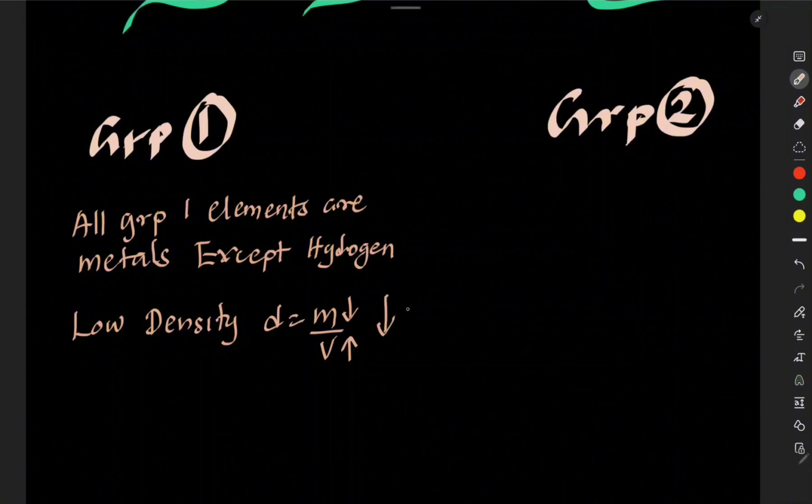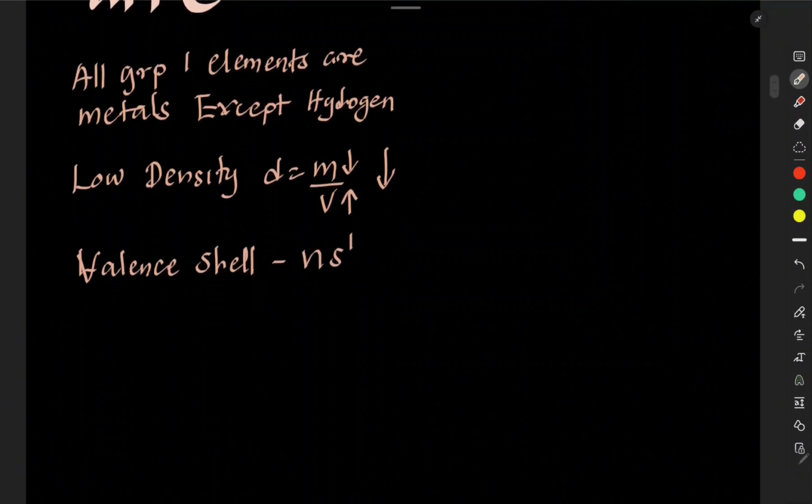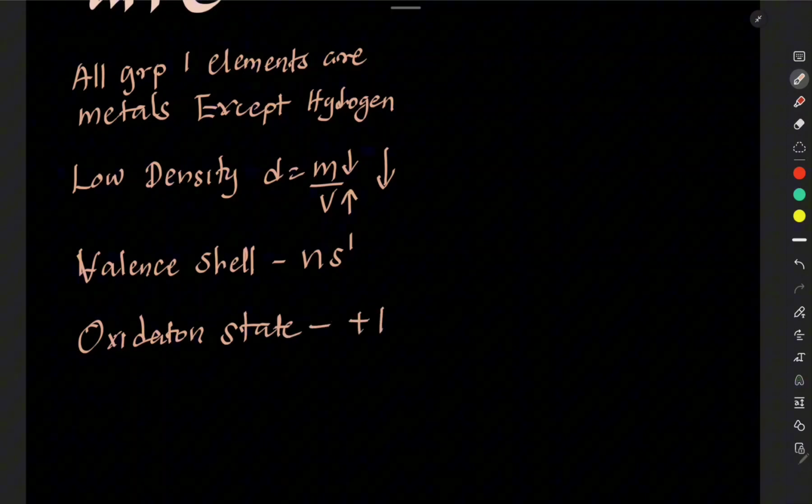Therefore, overall density reduces. And the valence shell configuration should be ns1, and the oxidation state is +1. Most of the compounds are stable ionic solids.